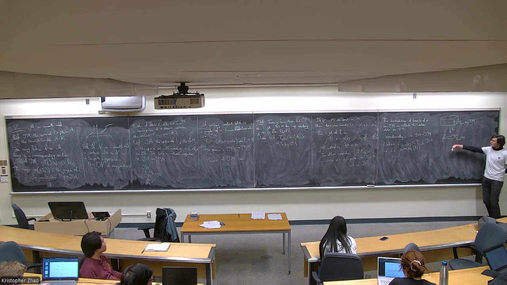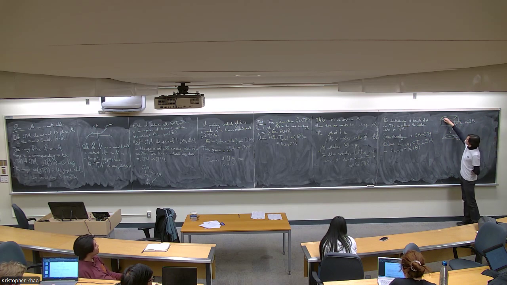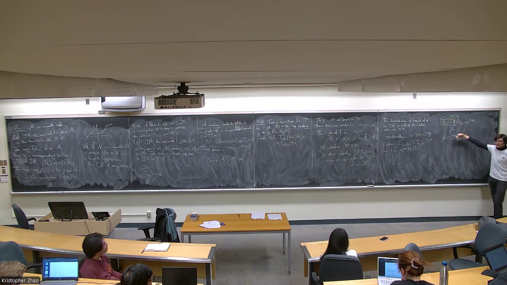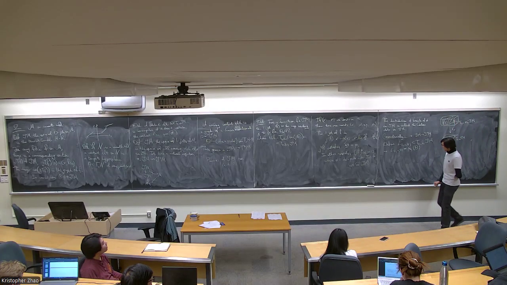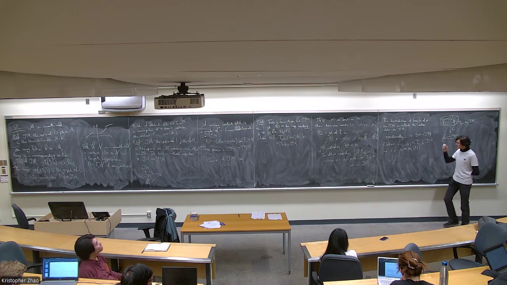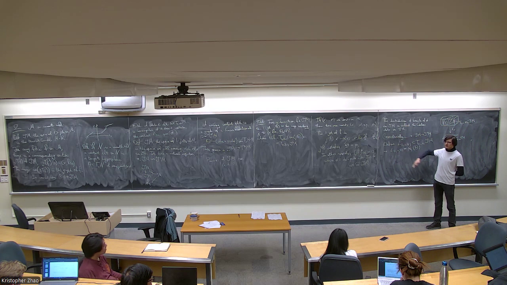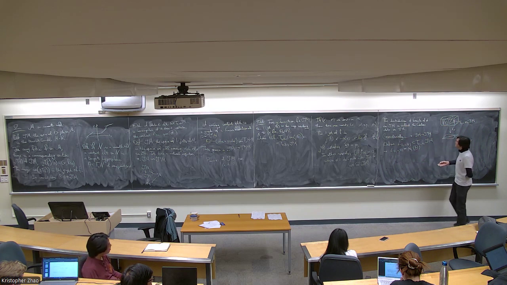I'm just taking the pre-image of this hyperplane. It gives me a hyperplane here. So my claim is that this distribution of hyperplanes is the Cartan distribution.